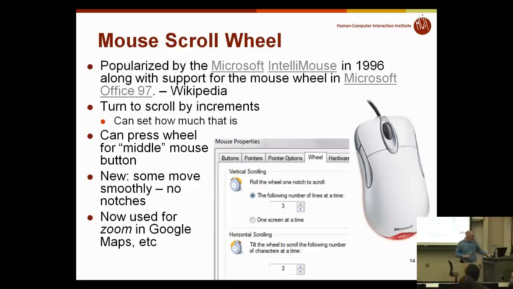All of these mice are 2 buttons, PC mice anyway. So pressing in the middle on that causes the middle mouse button, which some applications use for something or other. Of course, scrolling in Google Maps does zooming, which I find really annoying because I'm always trying to scroll and instead it zooms.